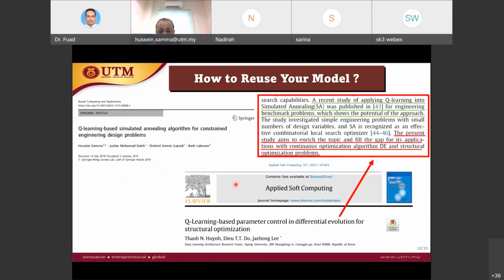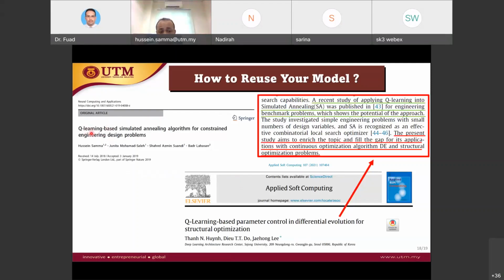The last slide here is about the same idea, reusing your model, but here I'd like to highlight the point that once you apply a different technique or idea for model A, there is a high chance to apply this modification or technique for algorithm B, as can be seen here.